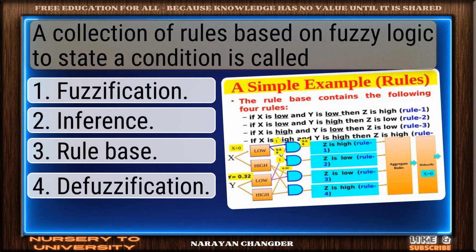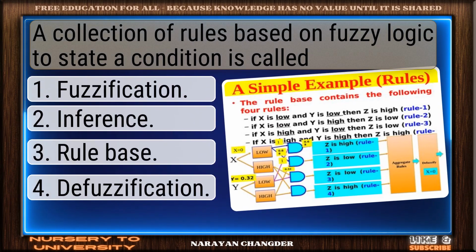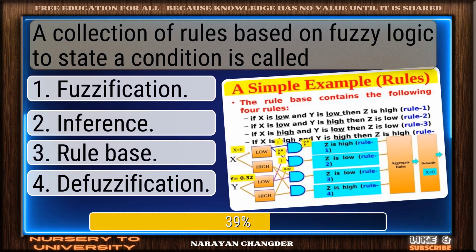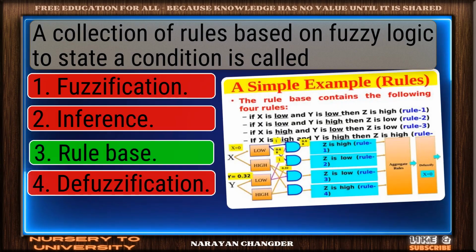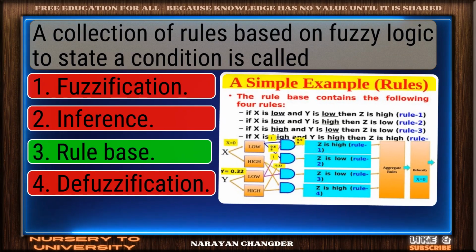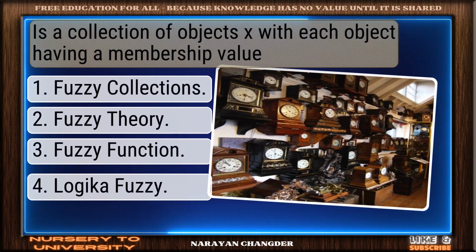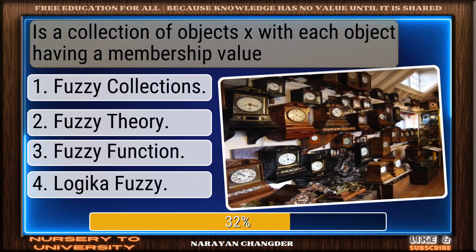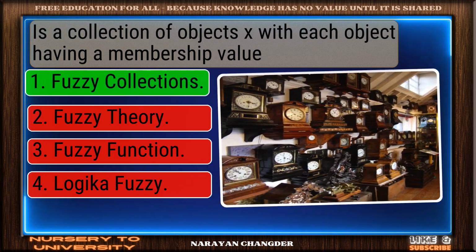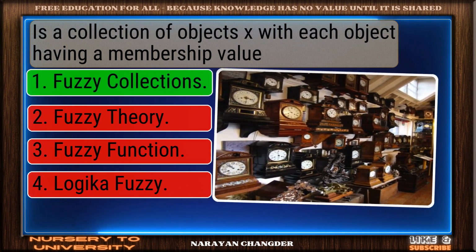Question number 19. A collection of rules based on fuzzy logic to state a condition is called. Nice work. You chose rule base and it is correct. Question number 20 is a collection of objects X with each object having a membership value. Valid point. Fuzzy collections is true.